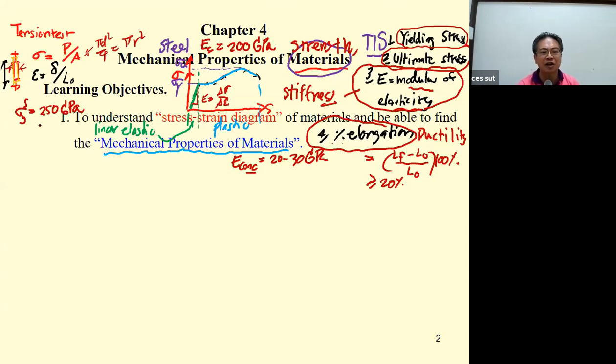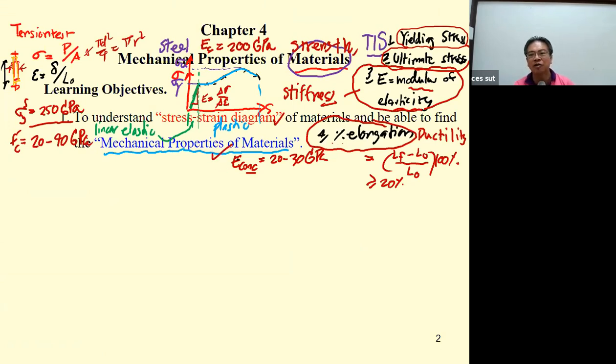It is larger than the strength of concrete. Concrete has an ultimate compressive strength that is usually, for typical concrete, 20 to 40 gigapascal. That is for example.